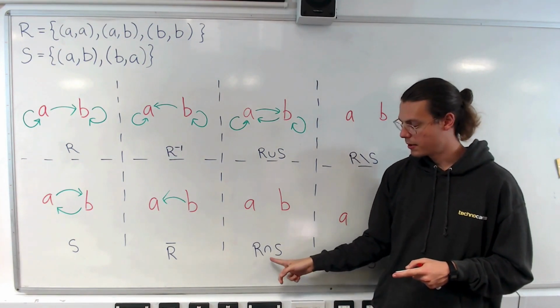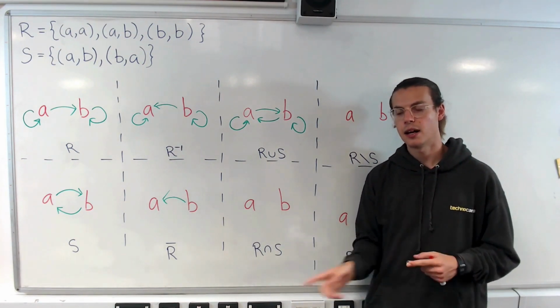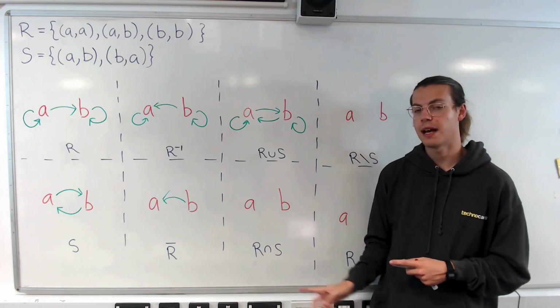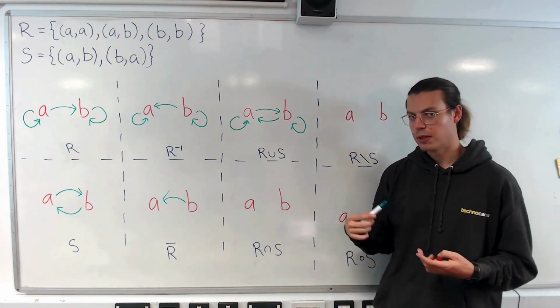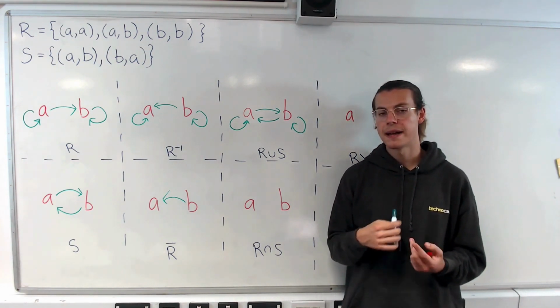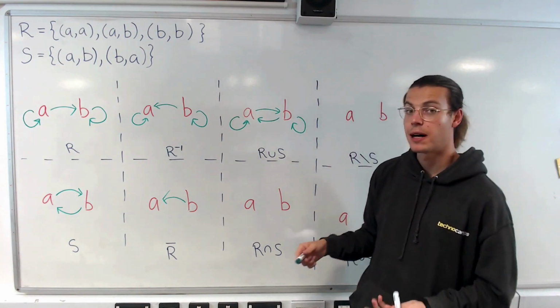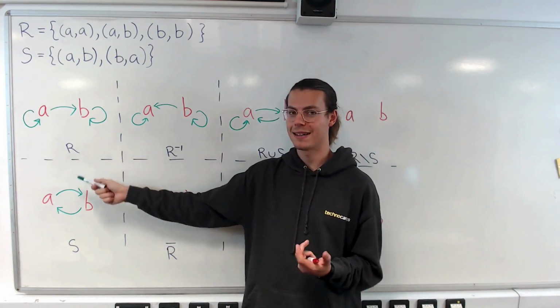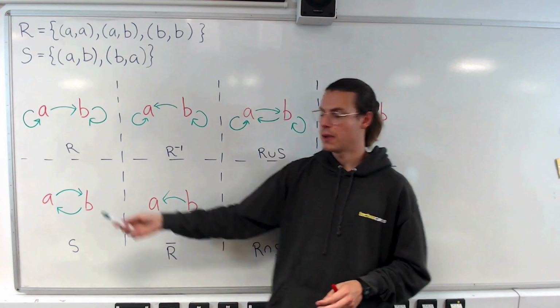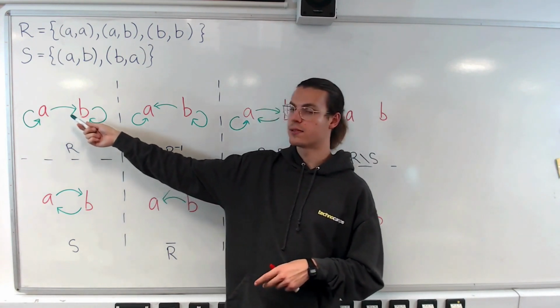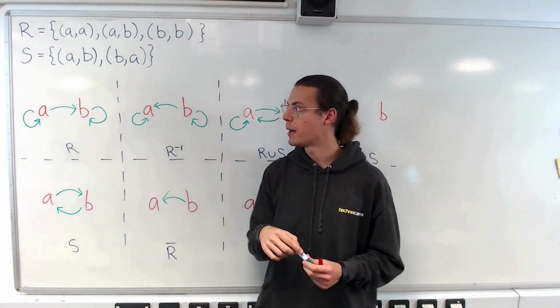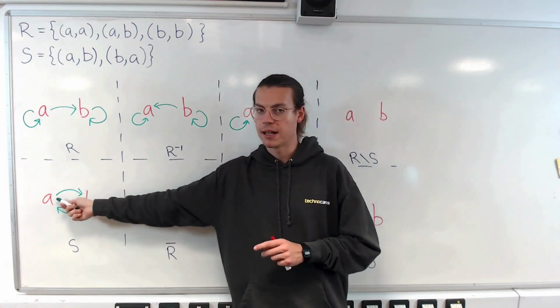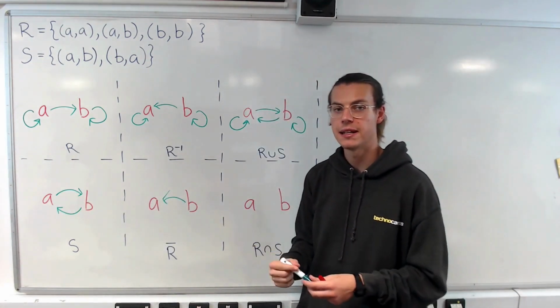Next, let's look at the intersection, R intersection S. This will include all pairs of elements that are related by both R and S. For example, A is related to B by R and by S. So A to B is included.